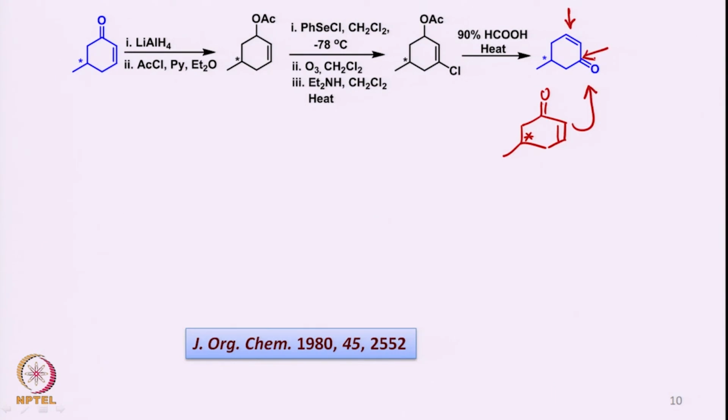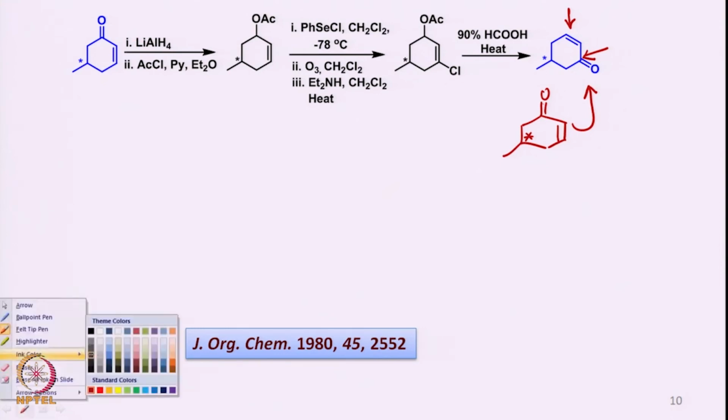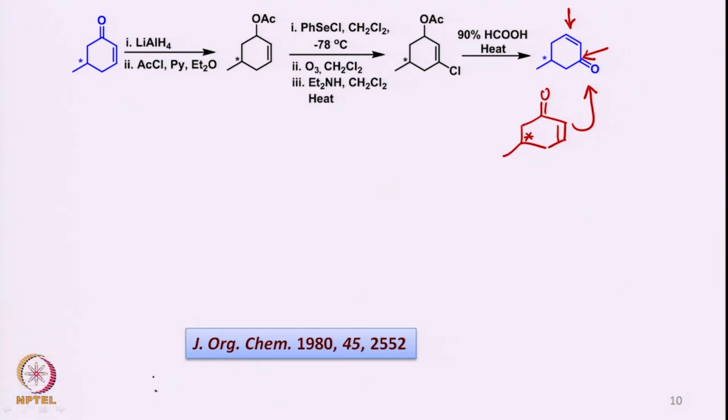Another method, published in 1980, is that we reduce the ketone to the corresponding alcohol by lithium aluminum hydride, and then you acetylate it by means of acetyl chloride and pyridine, or we can use acetic anhydride to form the corresponding acetate.